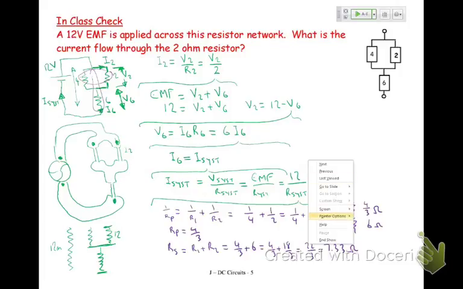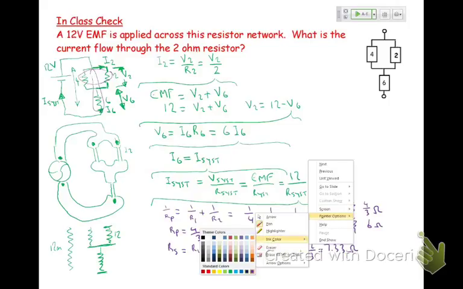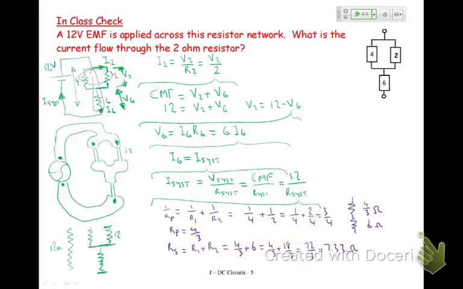I'm going to change colour pens because I'm going to go into another bit. So now I come along and I go, well, this equals 12 over 7.33, which equals 1.64 amps. You don't have to do your calculations as you go, but I think it's easier to follow what I'm doing if I do.